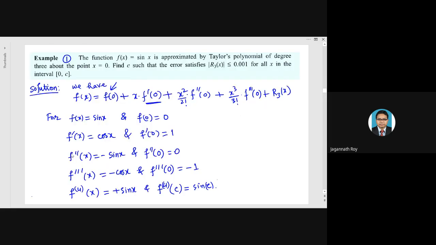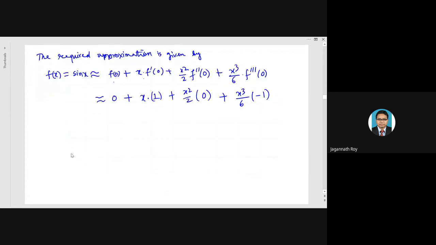If you go back and check the values, f dash of 0 is 1, and the third derivative, f triple dash of 0, is also minus 1. Other values are 0. Okay. So thus the polynomial becomes x minus x cube by 6, a polynomial of degree 3.